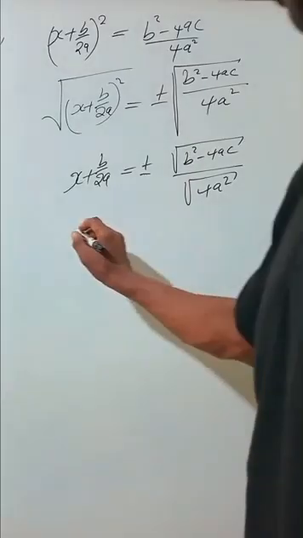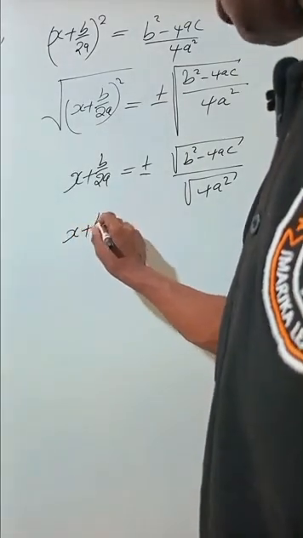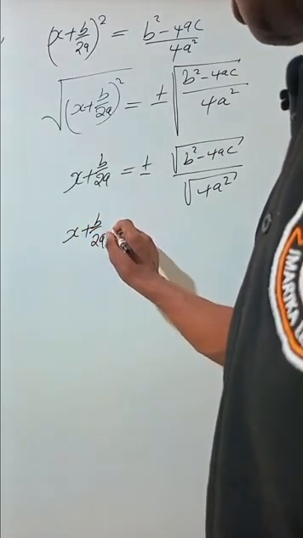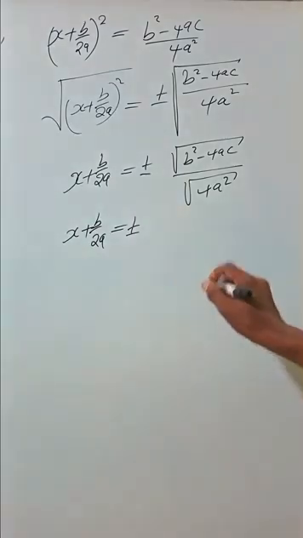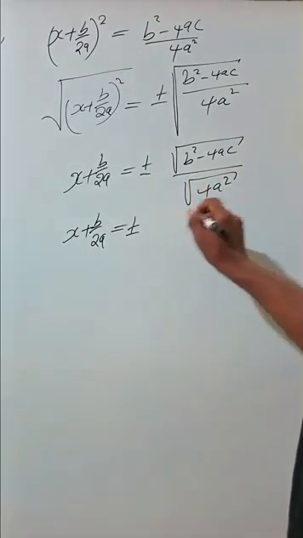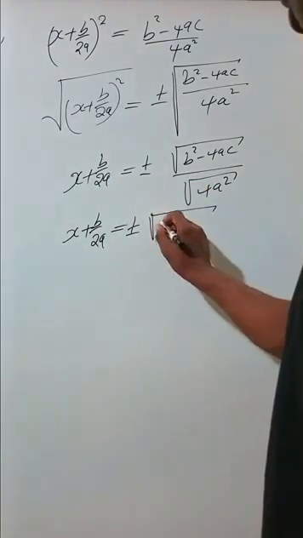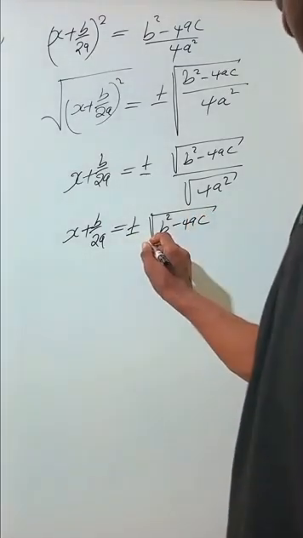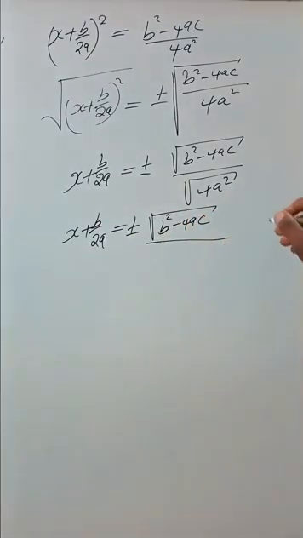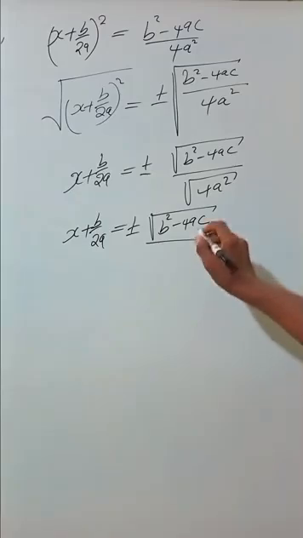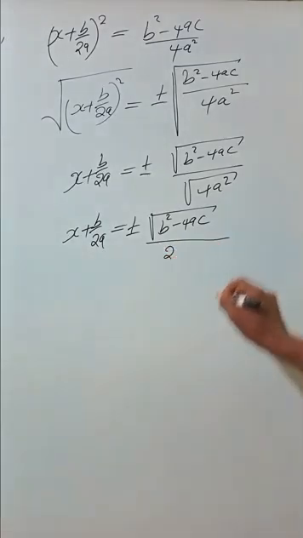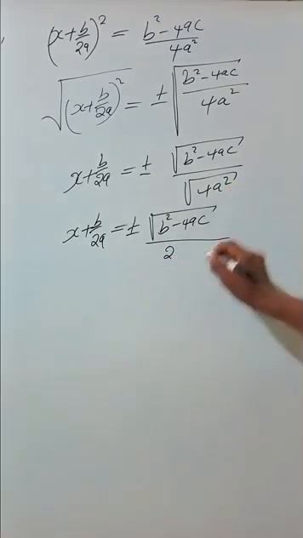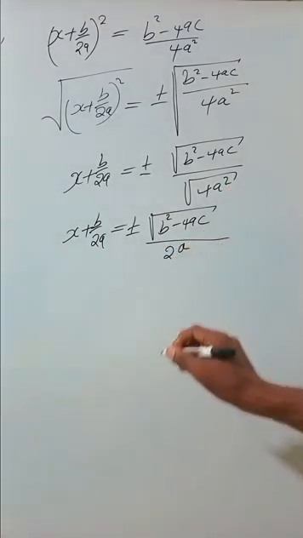So x plus b over 2a will be equal to plus or minus the square root of b squared minus 4ac, but the denominator, we take the square root of 4, this is 2, the square root of a squared, this gives us a.